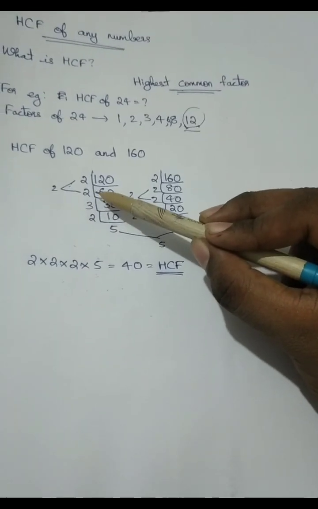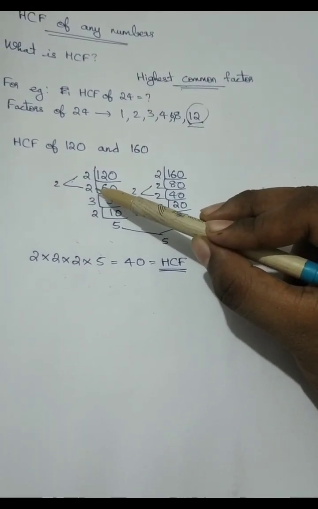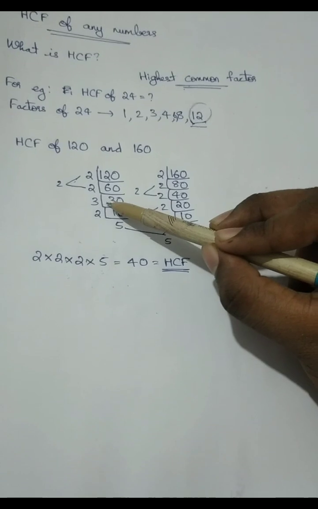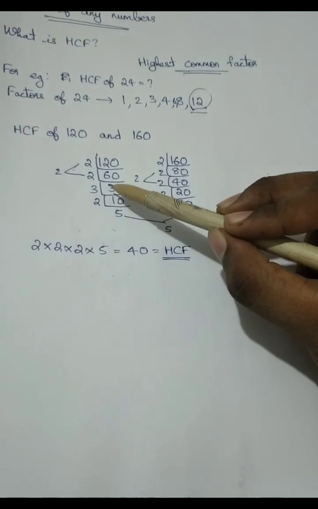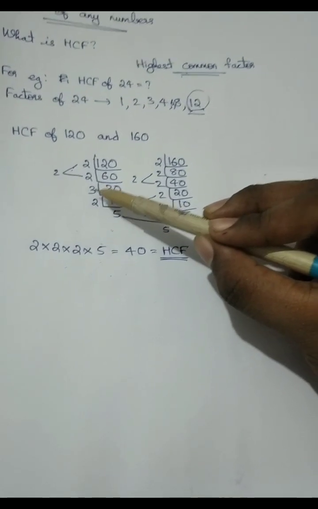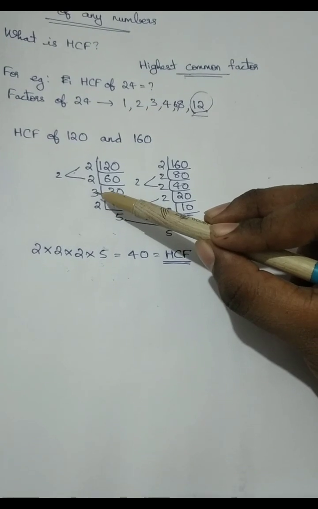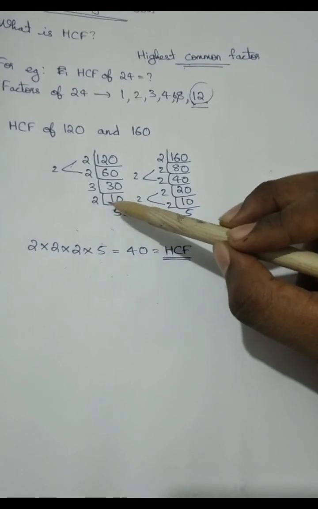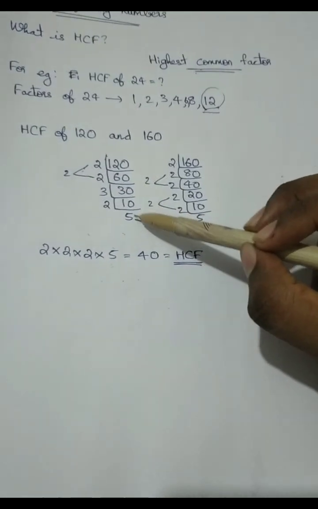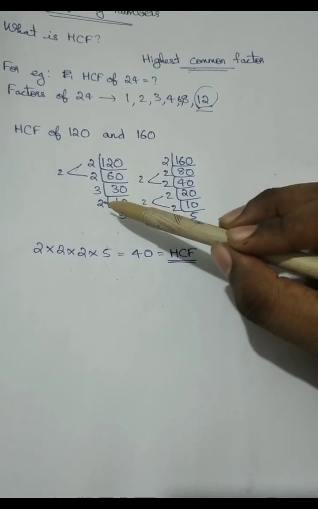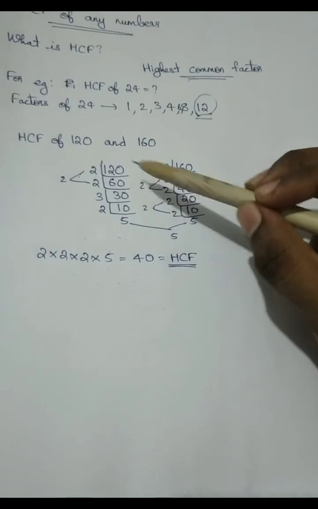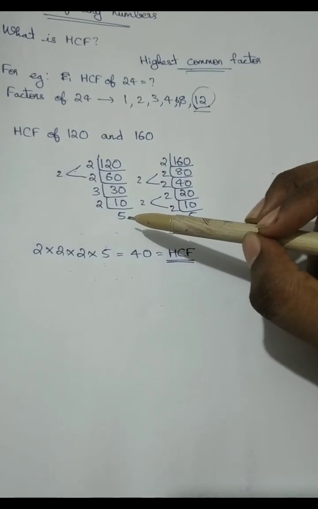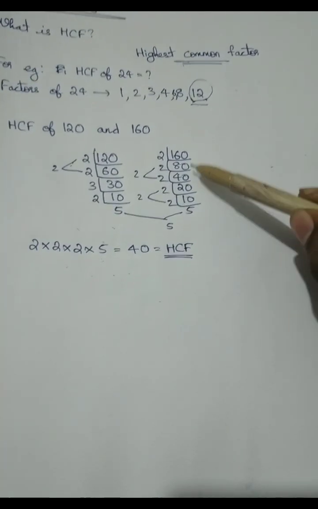Then once more you divide it by 2, and 30 is divisible by either 2 or 3. I am taking 3 here. So when we take 3, we get 10, and 10 is divisible by 2, and when dividing 10 by 2 we would get 5. This is the prime factorization of 120, and we can move on to 160.